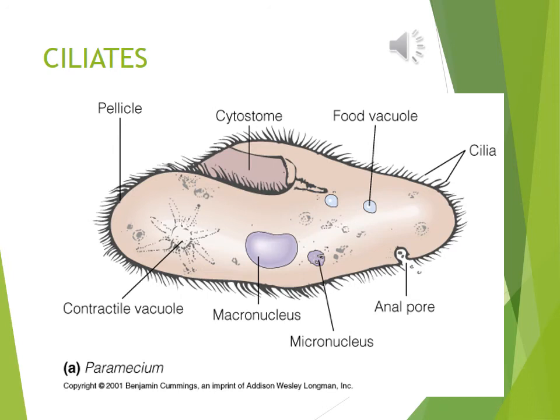In ciliates, we are going to talk about paramecium. Paramecium is a single-celled eukaryote. It belongs to the group of microorganisms known as protozoa. There are at least 8 species of paramecium.